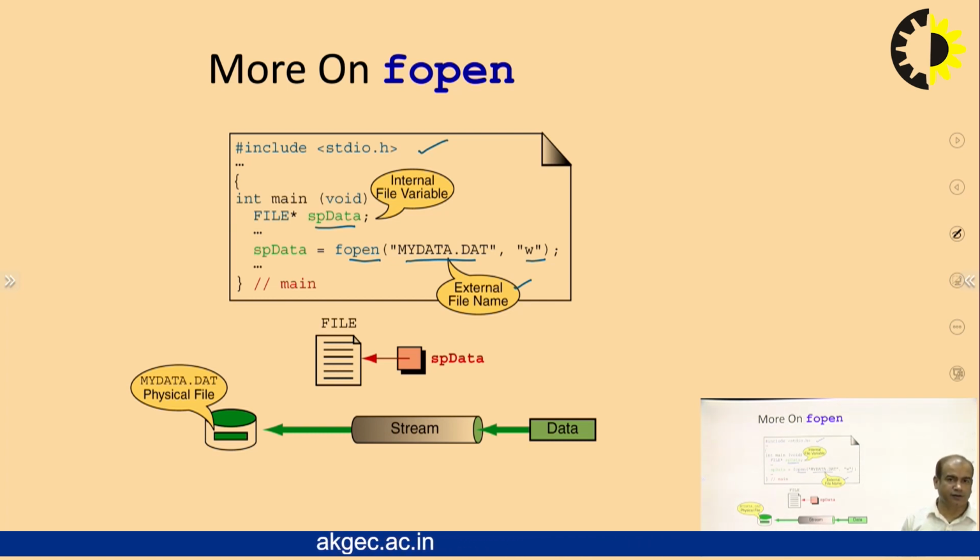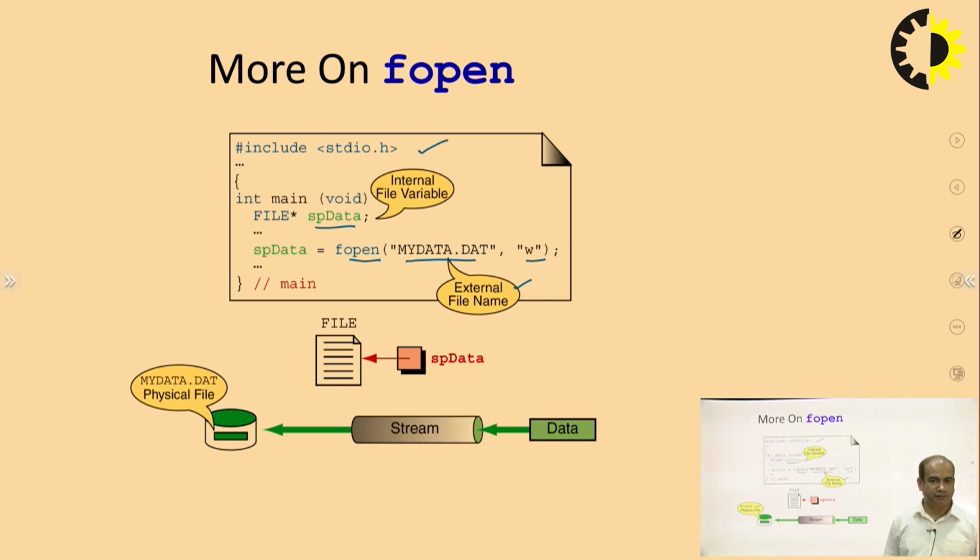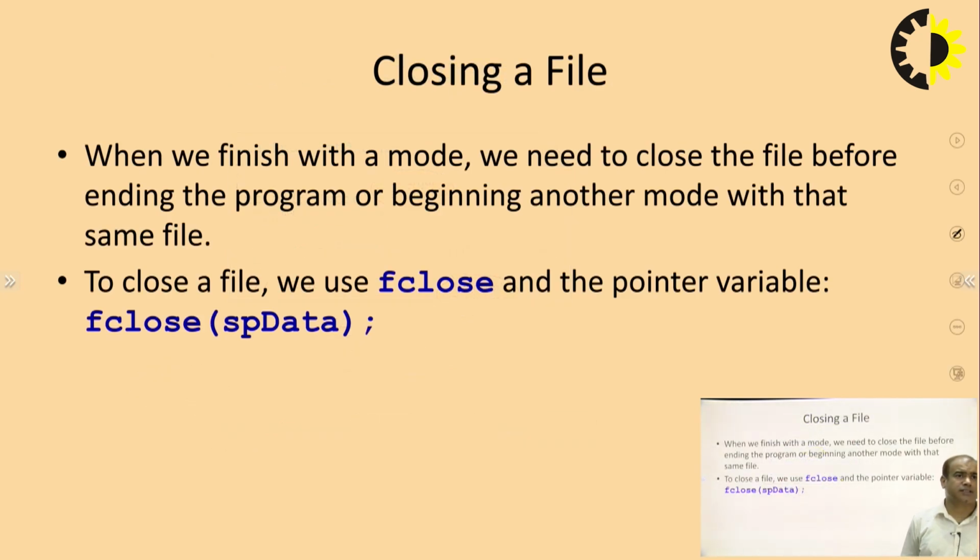Earlier I have told you that if we are using Turbo C, in that case the file will be created in the bin folder, or otherwise if we are using a new type of compiler, in that case it will be opened in the default folder. Next, once we are done with the file, it is our responsibility to close that file.